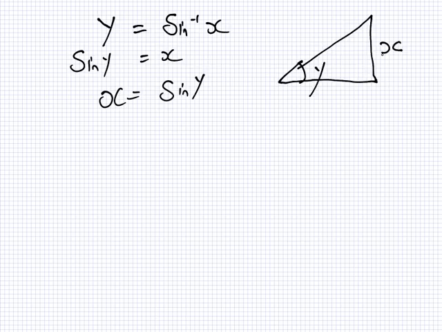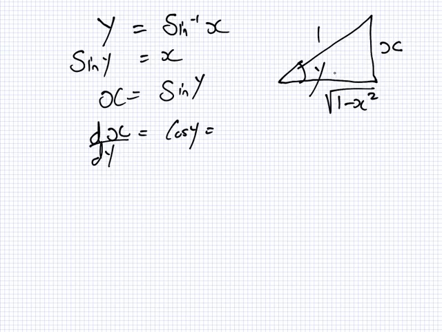So that's x. But you know, sine is opposite over hypotenuse. So that's 1 there. And this will have to be root 1 minus x squared. Differentiating, but it's just backwards. The x is like the y and the y is like the x. So this will be dx/dy equals cos y.